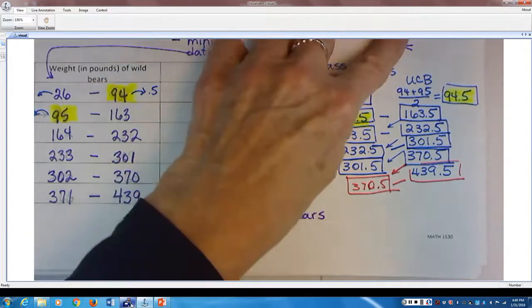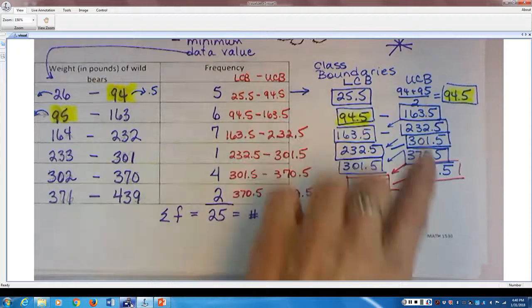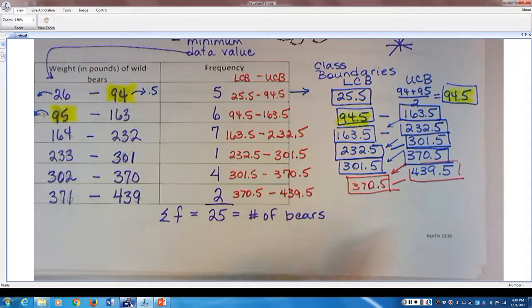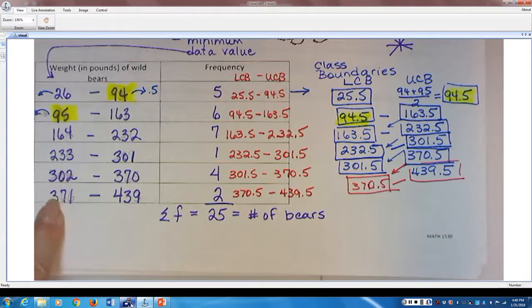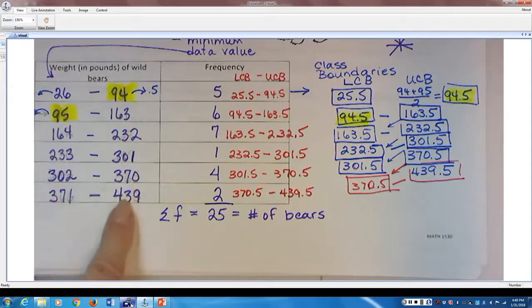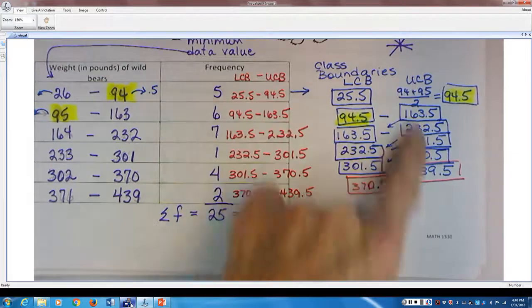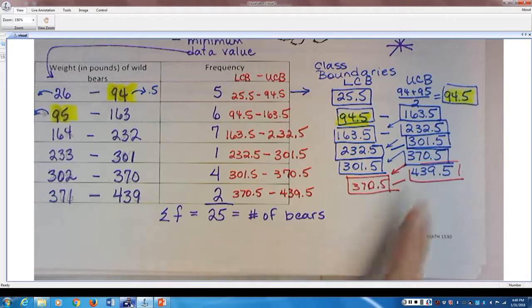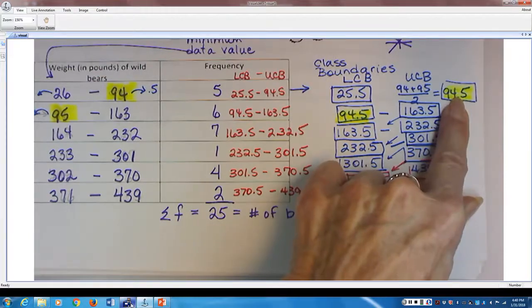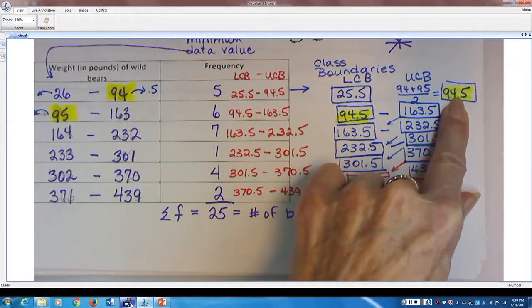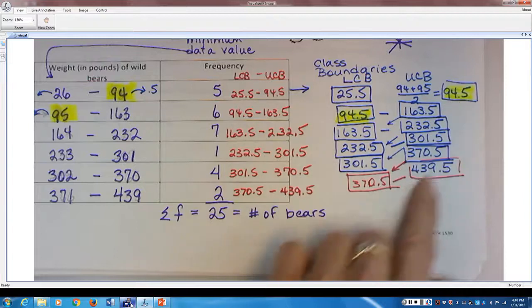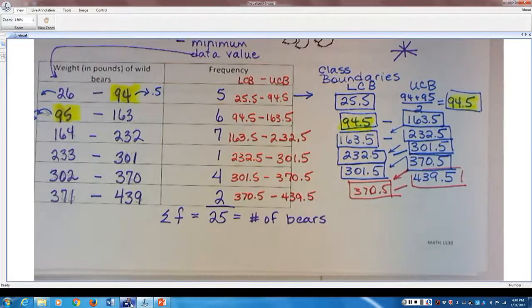That 69 is preserved going all the way down that table, whether you're looking at lower class limits, upper class limits, lower class boundaries, or upper class boundaries, which means that all you have to do is find one class boundary and then use it to construct the rest of them. Okay?